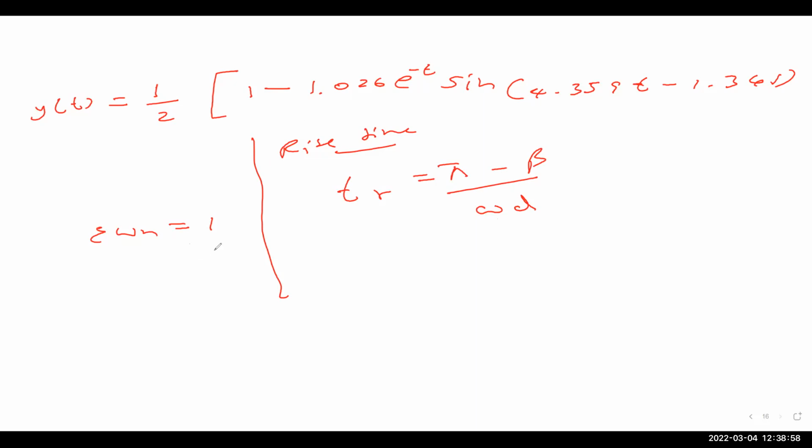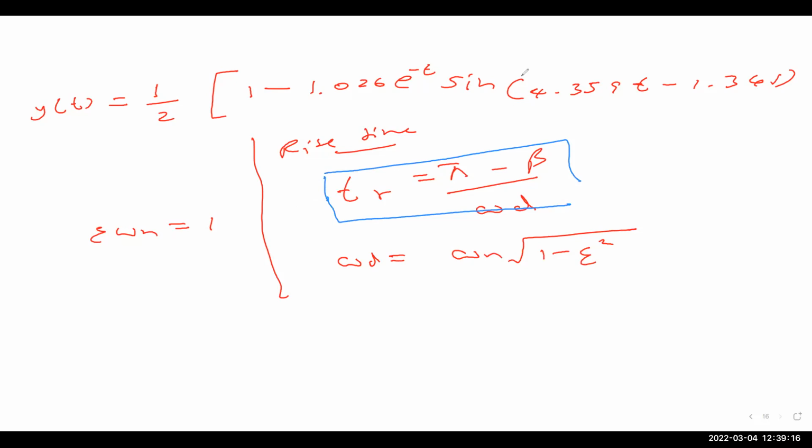Omega d is actually given by omega n times square root of 1 minus theta squared, right? You might need these equations, okay? I'm sure these are there.